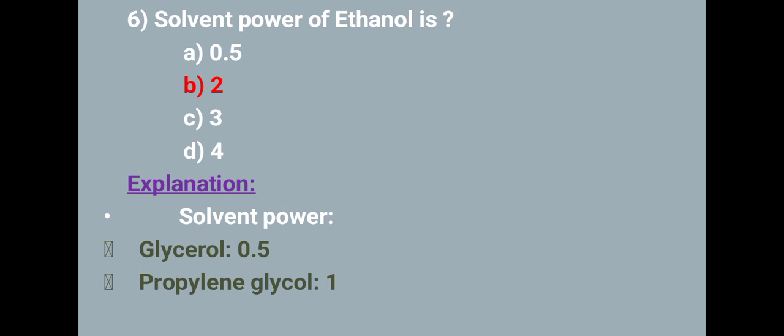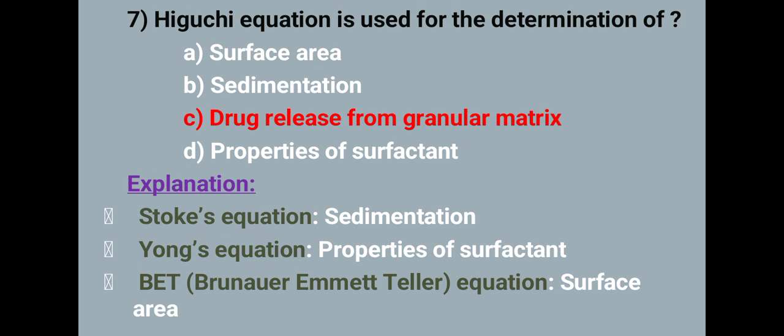Now coming to 7th question. Higuchi equation is used for the determination of option A surface area, option B sedimentation, option C drug release from granular matrix, and option D properties of surfactant. And the correct option is option C, drug release from granular matrix.